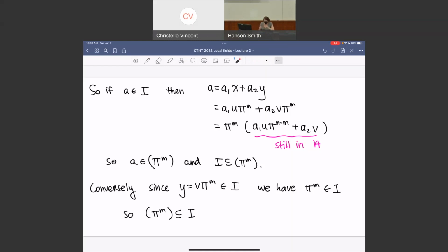I've taught this a lot at the graduate level, and I have to get back down to my algebra. Right, so if a is in this ideal generated by pi to the m for every a in I, this means that the ideal I is completely contained in the ideal generated by pi to the m. And then conversely, because I can put pi to the m actually inside of I, it means that this ideal is inside of I, and so they must be equal. Right, so I thought I needed two generators, but actually I really only needed pi to whatever power. That's all the ideals that there are.